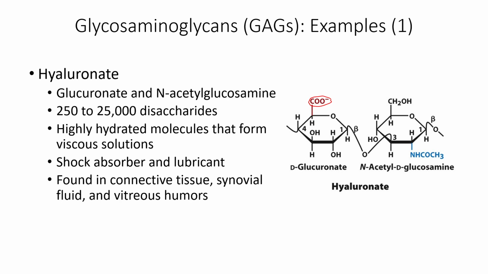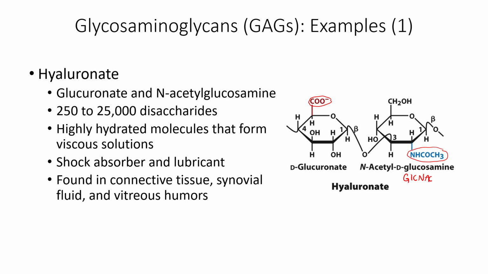The second sugar is N-acetylglucosamine. It started out as glucose, but we have a substitution on carbon number 2 of an amino group that has been acetylated. So we have N-acetyl D-glucosamine, which we can also write as GlcNAc.